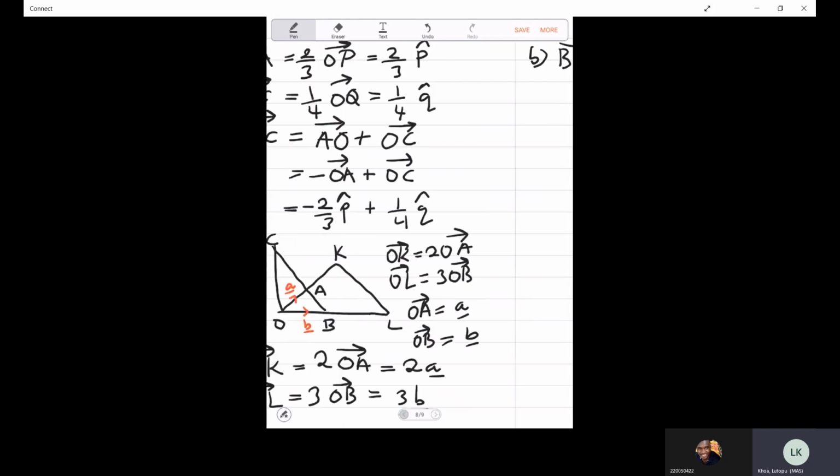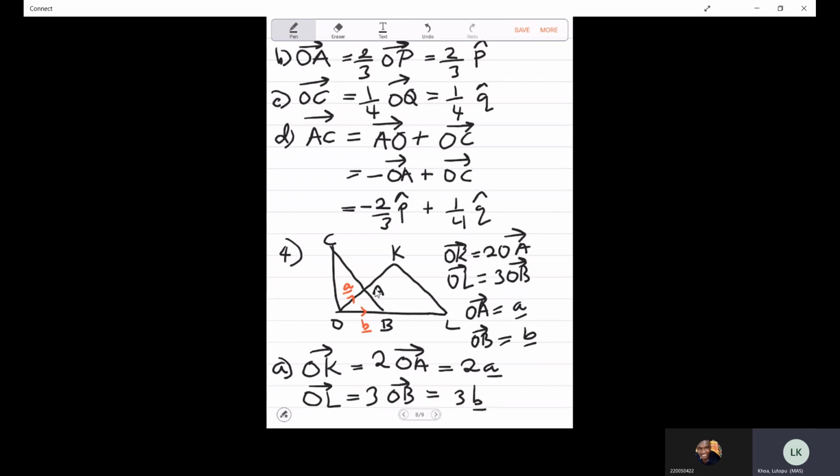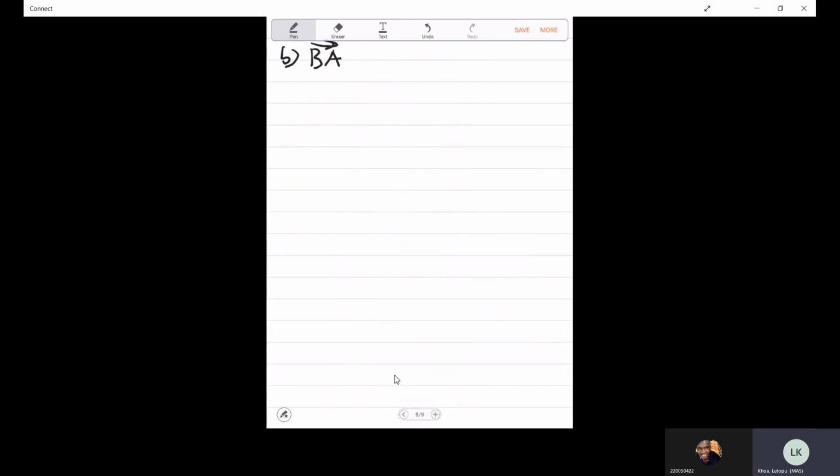So we go back, you're at B and you want to get to A. So if you think about it, if you're at B, you want to get to A, first go from B to O and then from O to A. So this will just be minus B plus A. So when we write this down, we have BA, this is negative OB, which is just the opposite of BO, and then OA.